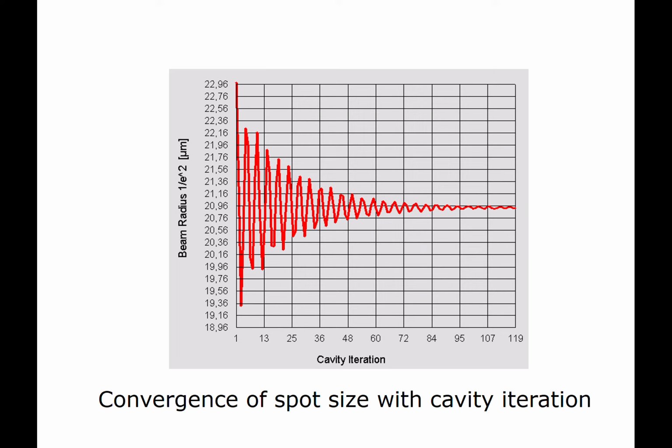So these are the simulation iterations, and it shows that after about 100 iterations, it converges to a certain value, and we estimate the beam radius. As you can see here, the number of iterations is not that large, on the order of 100. Okay, which is very good.